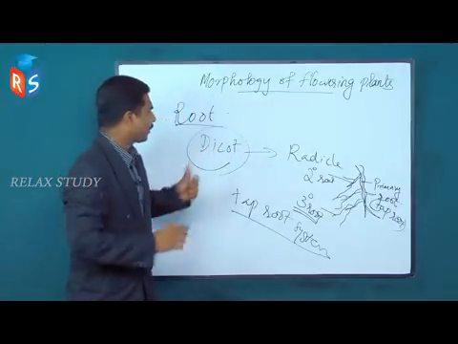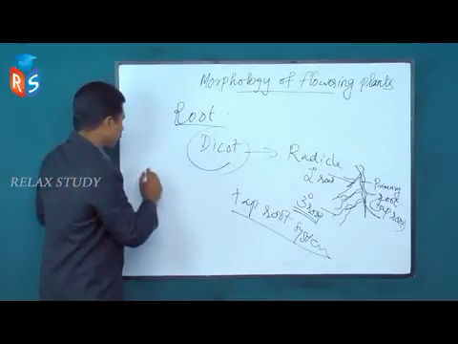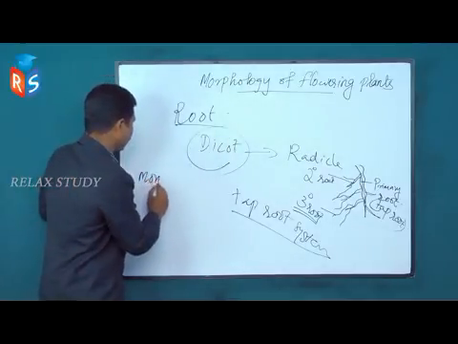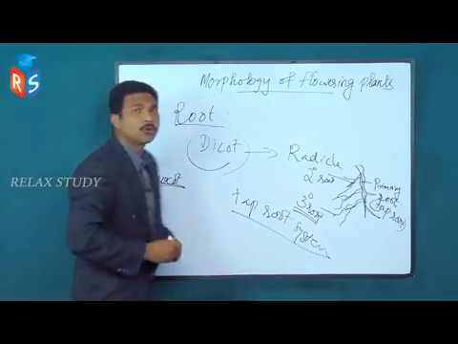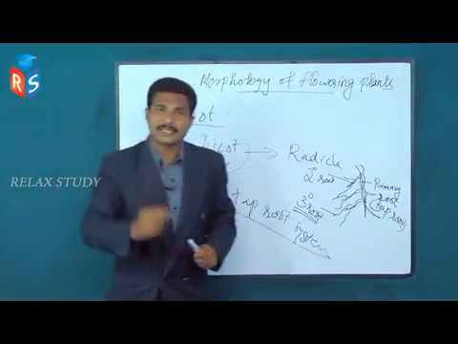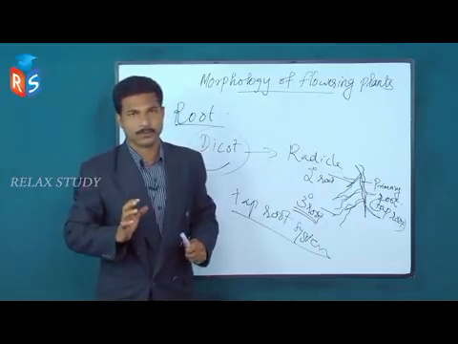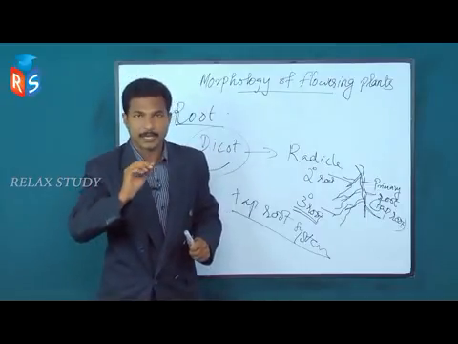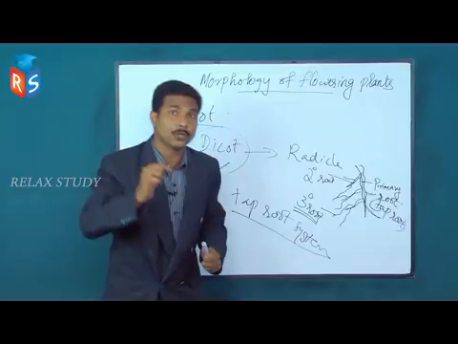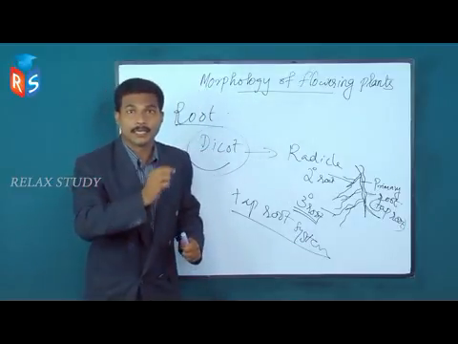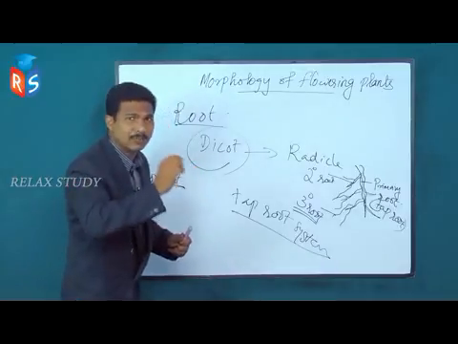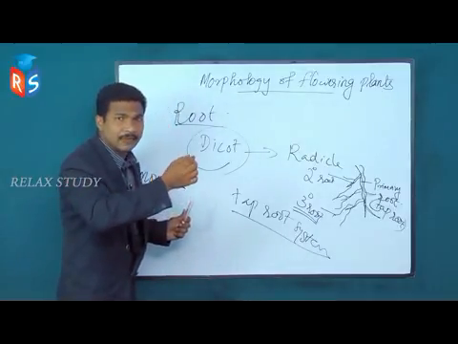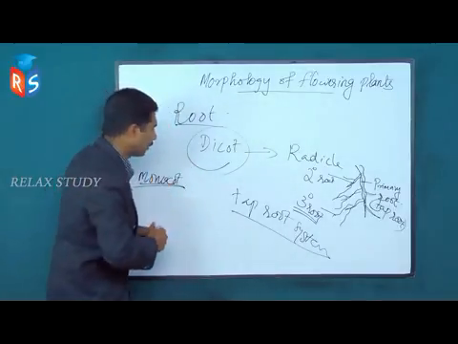Now we are going to see the root system of a monocot plant. In the case of a monocot plant also, the root is developed from the radicle part only. The radicle is the region of the embryo axis just below the hypocotyl region in the embryo. So the radicle in the monocot seed will develop to form the root.